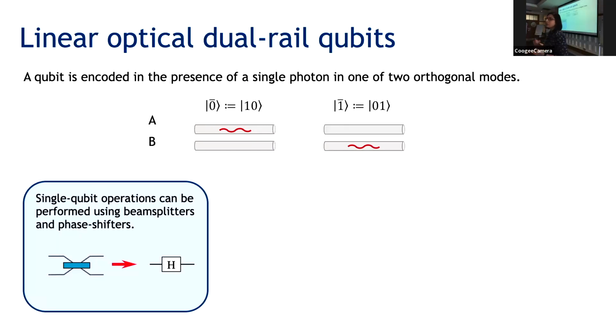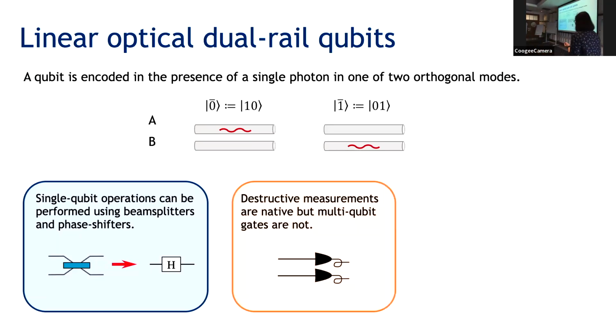You just need beam splitters, photon number detectors, and phase shifters, and you can do universal single qubit gate operations. The problem, however, is that multi-qubit gates are not easy to do with linear optical systems. You can do measurements, you can do multi-qubit measurements, you can do destructive multi-qubit measurements, but you cannot do gate operations easily.